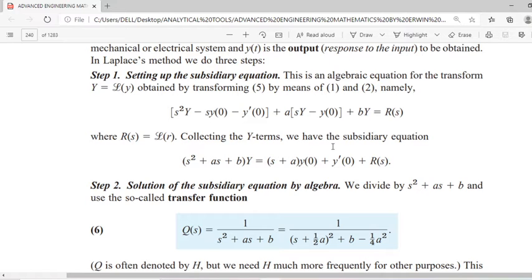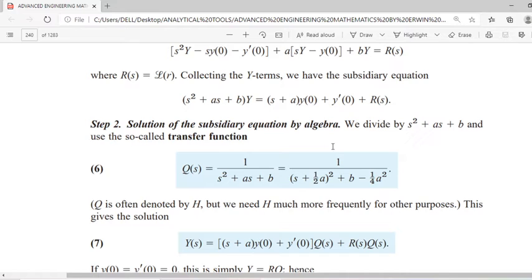Let us denote Q of s equal to 1 by s square plus a s plus b. So that can be factorized like this. That is 1 by s square plus a s. We add one term, 1 by 4 into a square, and subtract 1 by 4 into a square. So the result is s square plus a s plus 1 by 4 a square, minus 1 by 4 a square plus b.